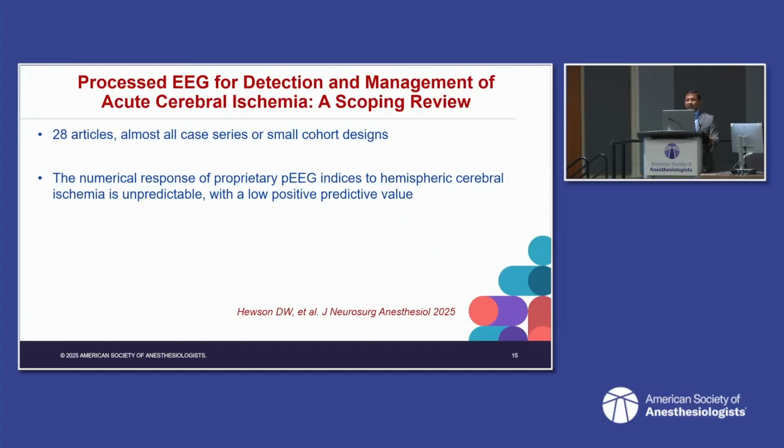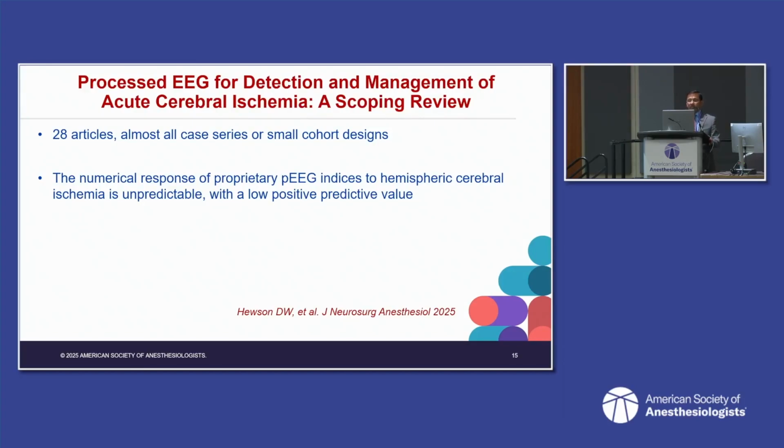This is a recent scoping review from the Journal of Neurosurgical Anesthesiology, which basically looked at 28 different articles. They're obviously limited. Some of these are just case series, some are small cohort studies. And essentially, what they found was that using one or the other type of proprietary processed EEG measure was not actually effective.